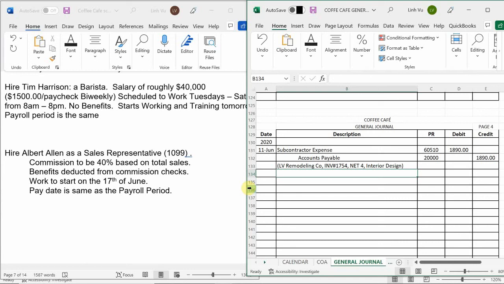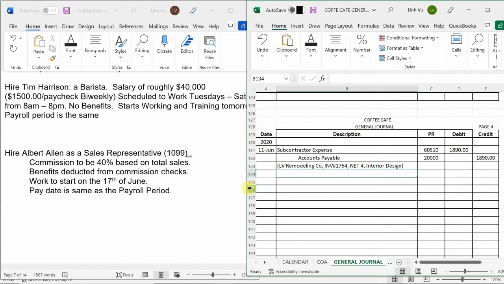No. No, because in this case, first off, he hasn't started working. He's not scheduled to work until the 17th of June. Second of all, he is based on how much money he sells, right? He's not going to get paid until he sells something. We're not even open yet. So in this case, no transaction is necessary here.